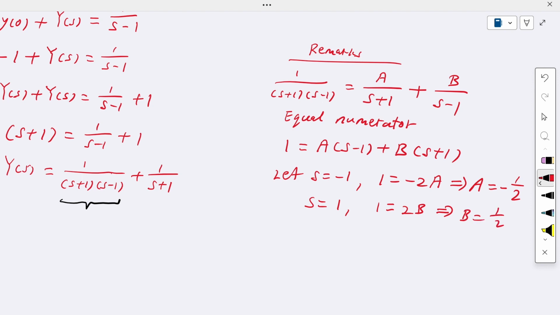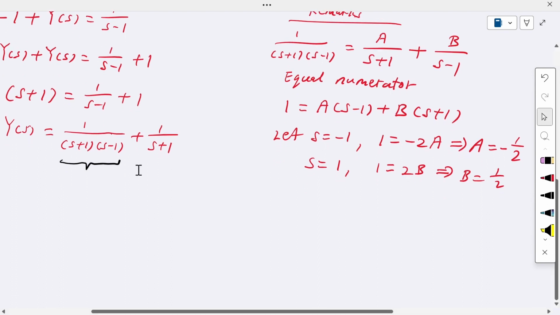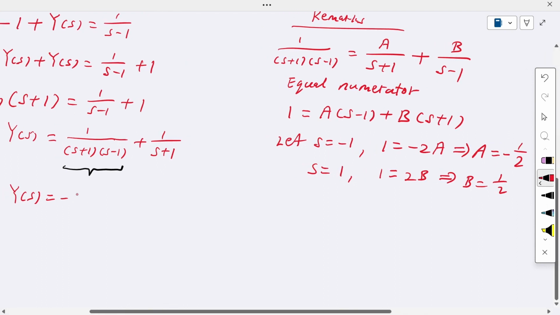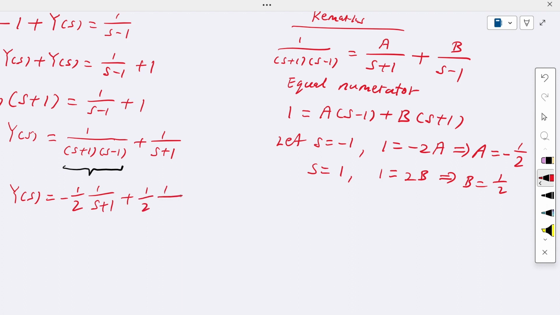Okay. So in this case, we substitute back here for Y of x. So now we have Y of x equal to a, which is minus 1 over 2, divided by x plus 1, then plus 1 over 2 times 1 over x minus 1.